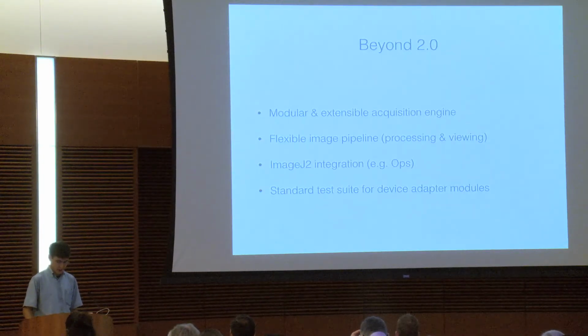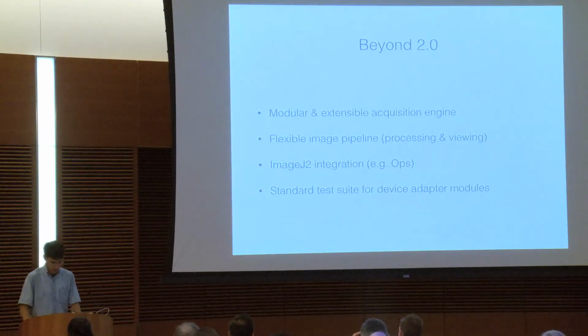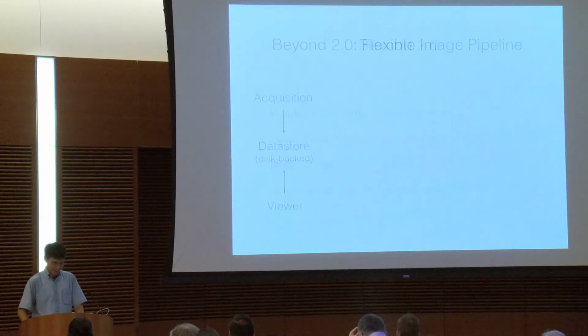And we hope to better integrate with ImageJ 2. For example, that processing pipeline might interact with ImageJ ops so that you can process images easily while acquiring them. And we hope to add a standard test suite for device adapter modules so that we can eliminate a lot of device-specific issues that we always run into.